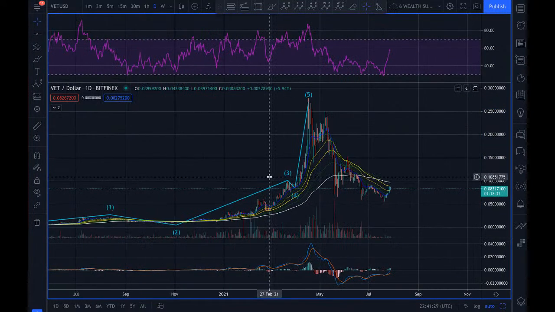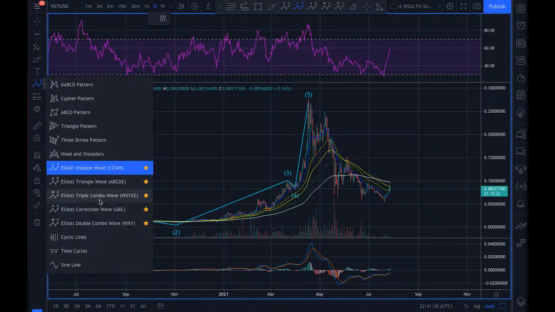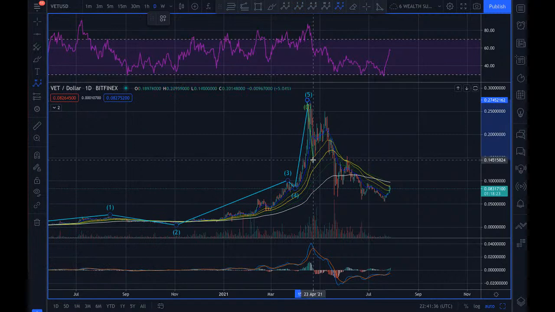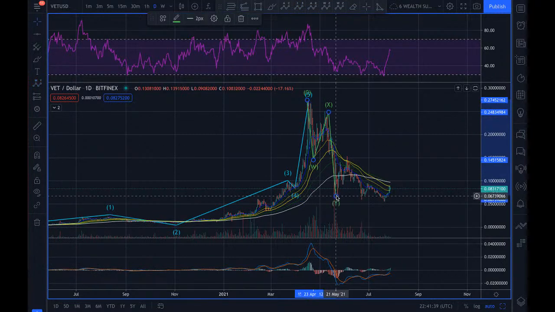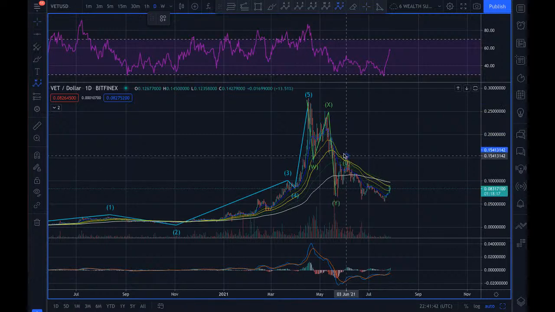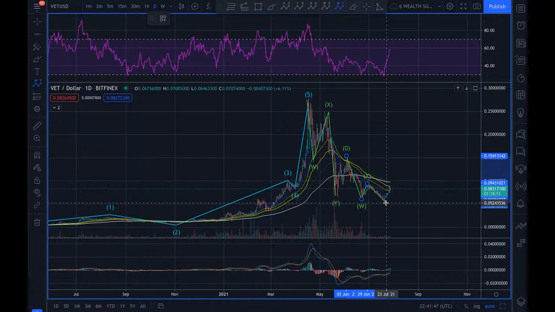All right, and then we have a similar looking pattern as Doge. 1, 2, 3 coming down, and then X coming up, and another 3 coming down. Oh, this is going sideways.